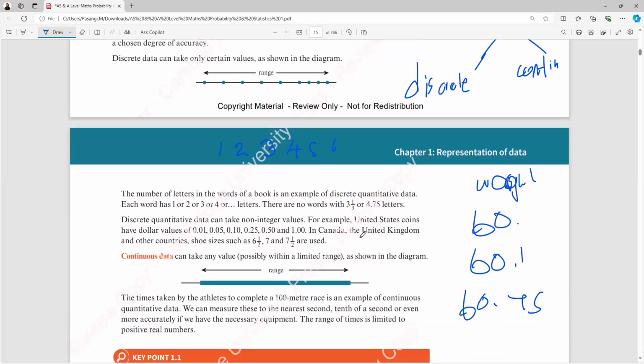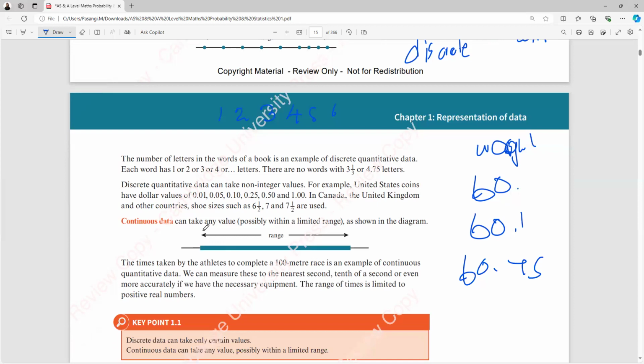For example, countries, the name of the countries, then it will be United States. Coins have dollar values. They have 0.01, 0.05, 0.10. See, the decimal places are there. In Canada, the UK and other countries, shoe sizes such as 6.5, 7, 7.5 are used like that.